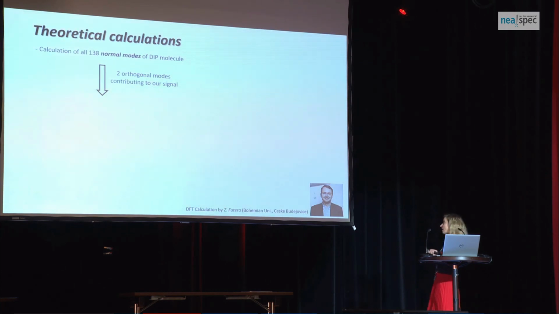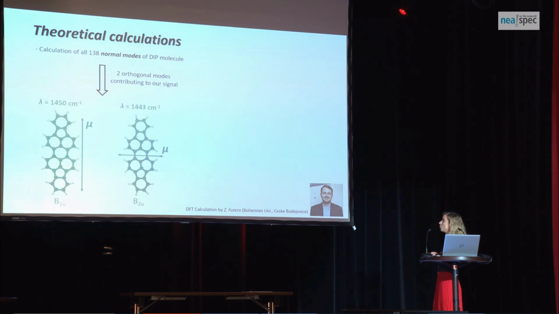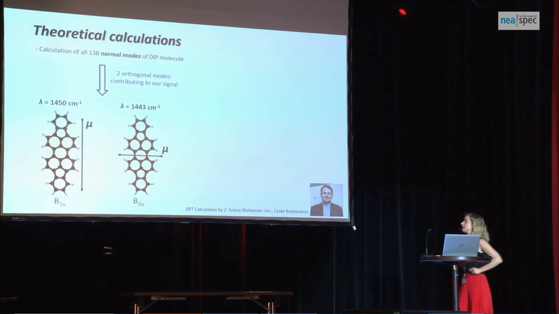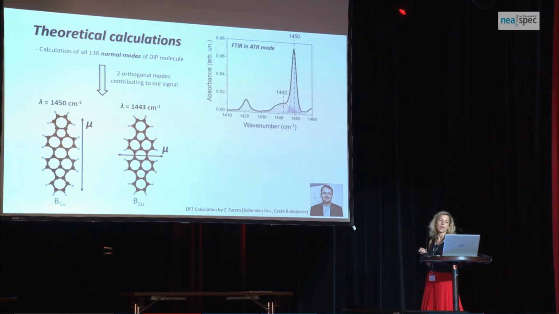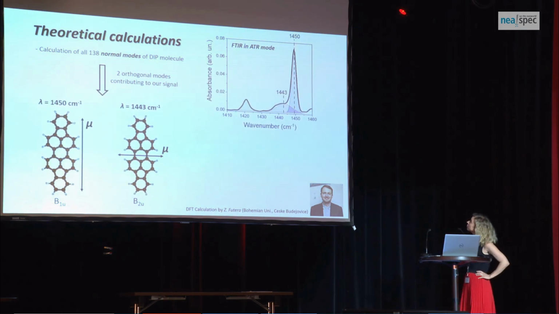So we did the DFT calculations that were done in collaboration with Zdeněk, and we calculated all the modes, and we found out that in the vicinity we not only have one mode that was measured before with a different technique, but we also have this mode that is overlapping at the frequency that we are measuring. And this mode has a perpendicular orientation of the dipole.